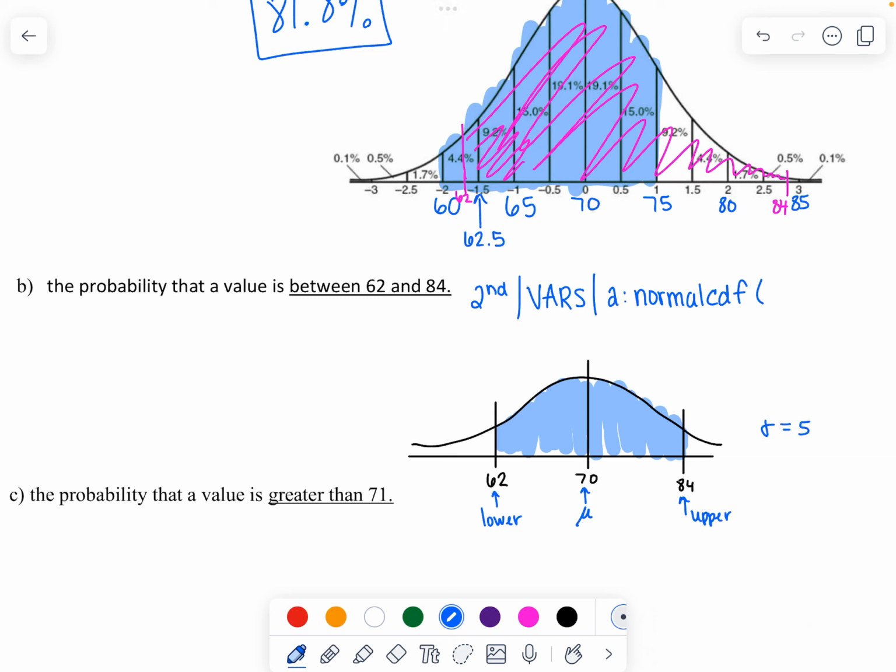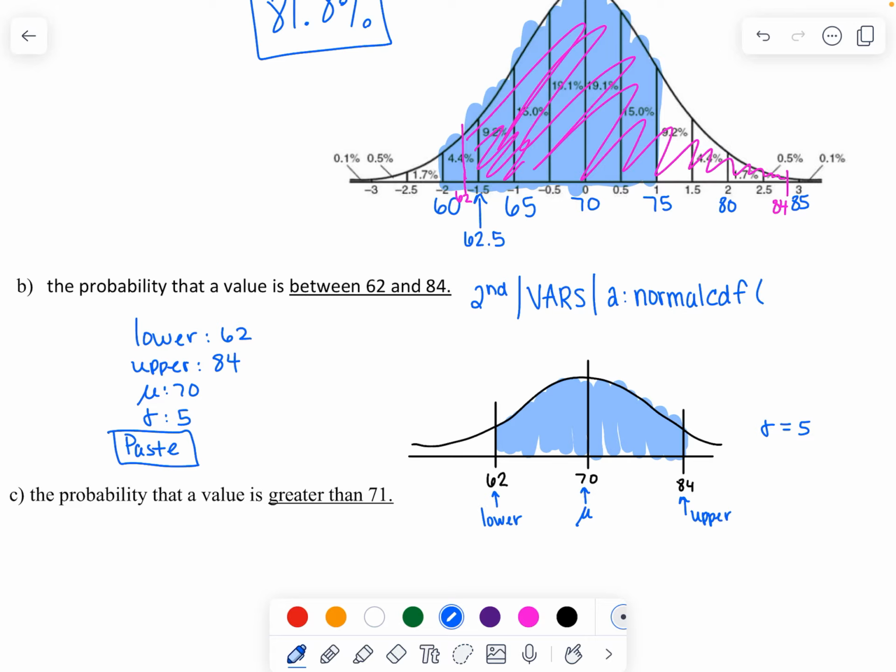So on your calculator, again, you were given lower, upper, average, standard deviation, and then the paste key. You're going to type in this order: 62, 84, 70, 5, and then you're going to hit enter on paste.